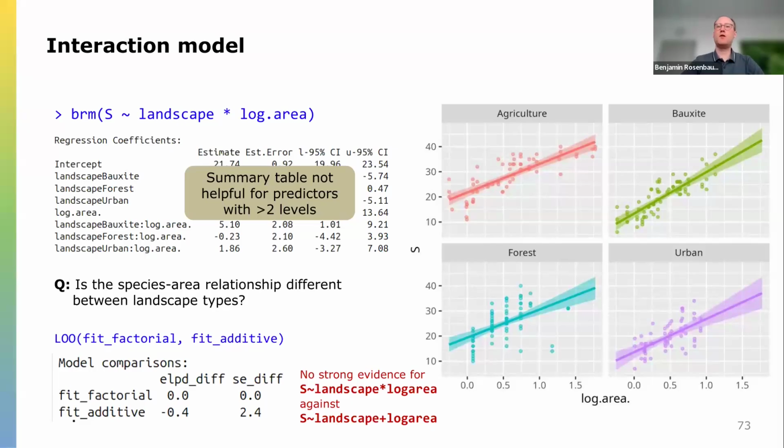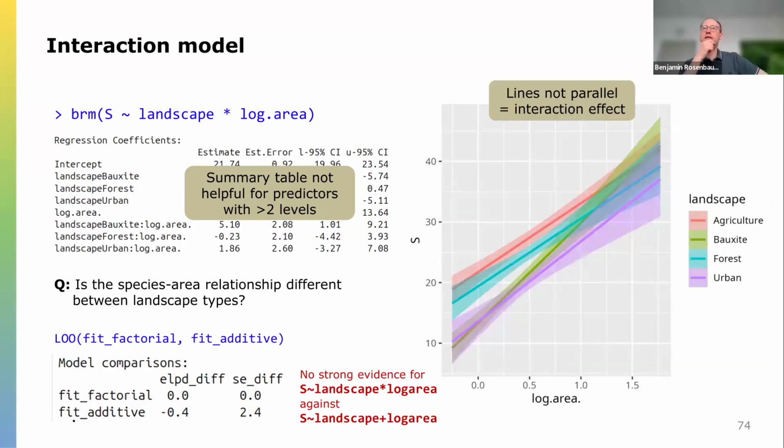So I wouldn't use the more complex model and would go back to the additive model. And the answer would be no, the data does not support the hypothesis that the species area relationship is different between landscape types. Here the lines are not parallel, you see a slight effect, but this effect is so small that we don't think that it is meaningful.